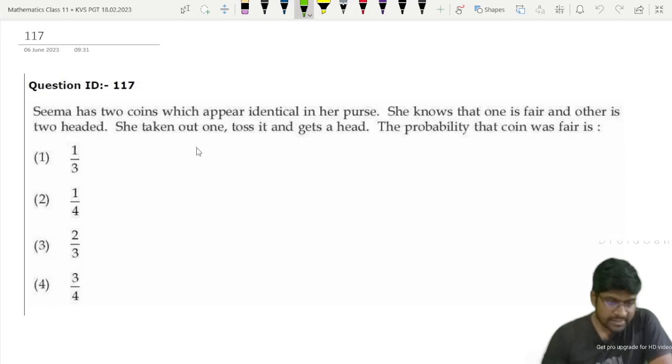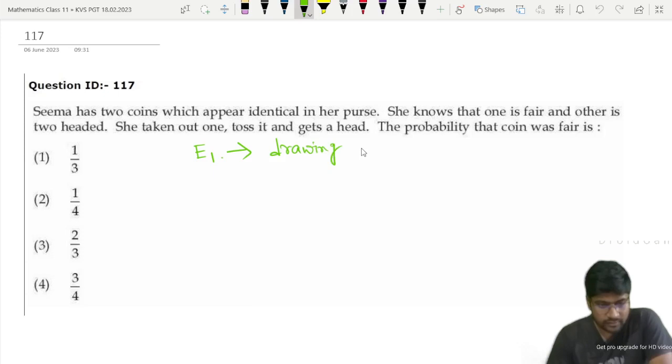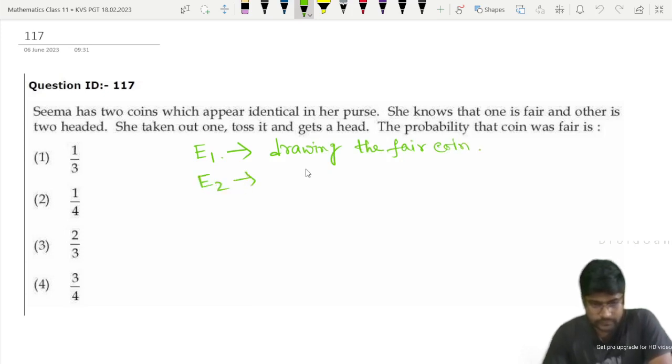So suppose E1 is the event of drawing the fair coin, and E2 is the event of drawing the two-headed coin.